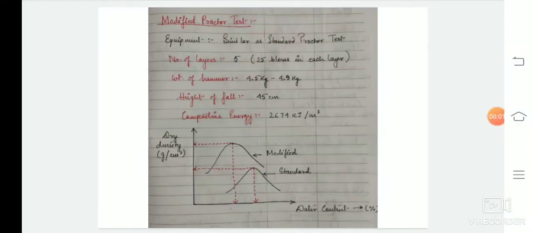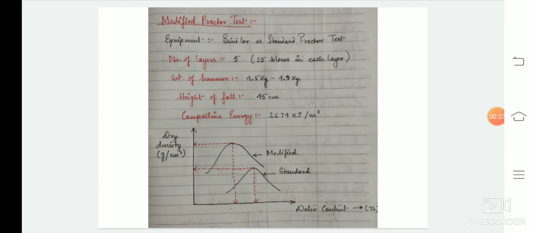Hello everyone. During the previous class of compaction, we have discussed the definition and significance of compaction. In today's class, we will discuss further the tests which are carried out for finding out the density of the soil.